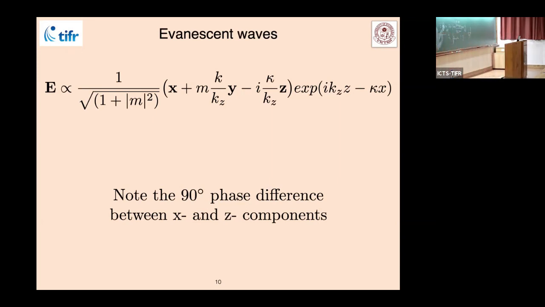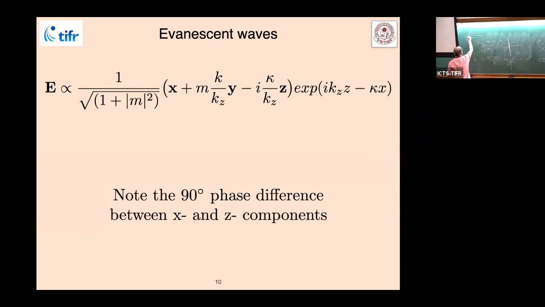So the surface is this, this is Z and this is your Y, and then X is the transverse direction. So I'm talking about a wave which is a surface wave. It could be a waveguide mode, it could be a surface plasmon mode, it could be evanescent waves, doesn't matter.